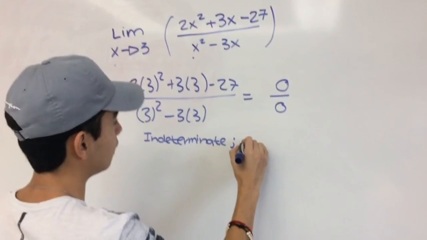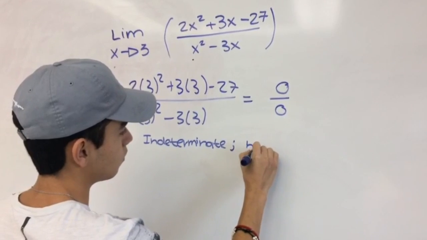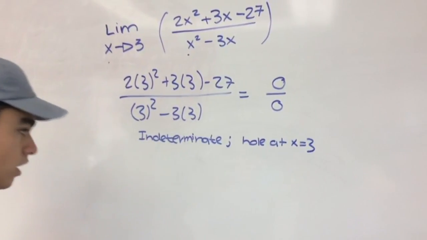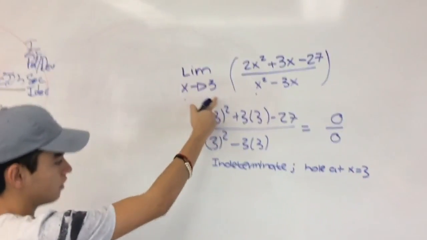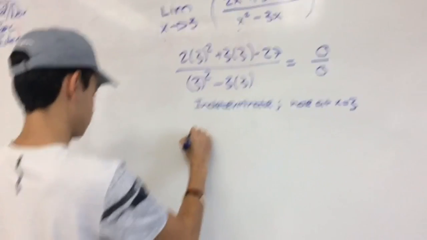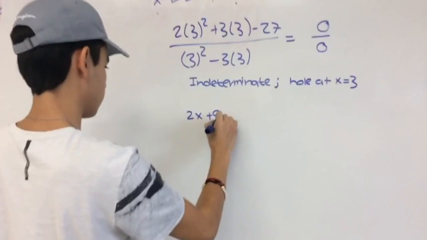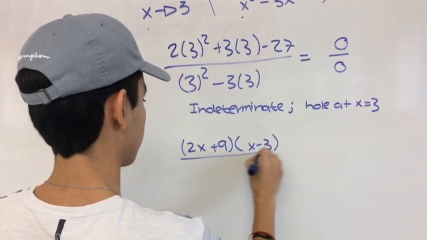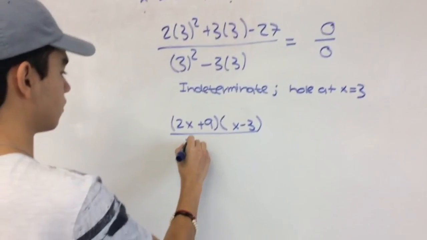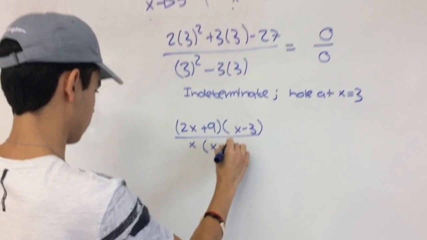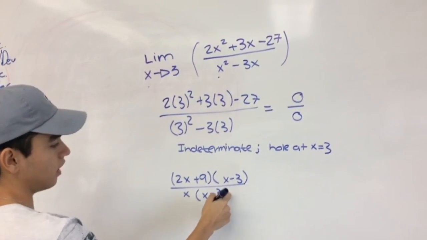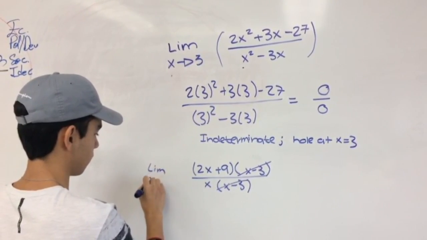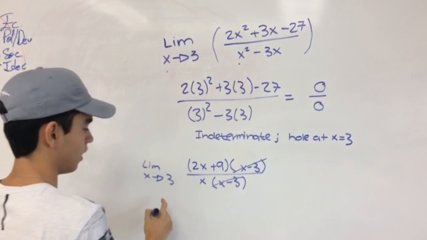This means that it will have a hole. So now we have to factor this to get an answer. Also the denominator. You cancel like terms. And now you have to substitute.